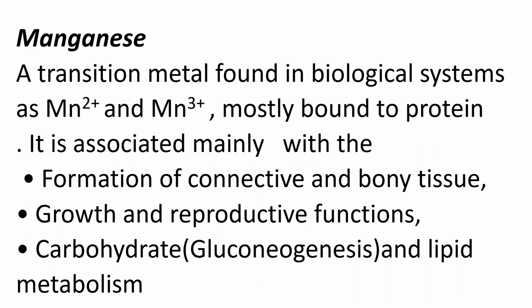And as far as carbohydrate metabolism is concerned, it is a requirement for a process called gluconeogenesis. Gluconeogenesis is a process by which glucose is synthesized from non-carbohydrate sources like amino acids, glycerol, or fatty acids, and it is also a requirement for lipid metabolism.